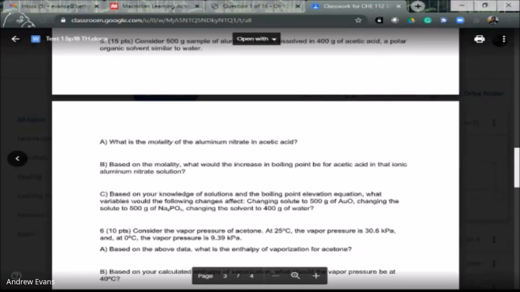Changing the solute to sodium phosphate. Let's see, phosphorus is about 31 plus 16 times 3, plus 23 times 3, 164.